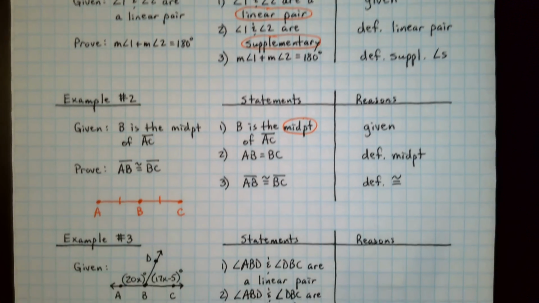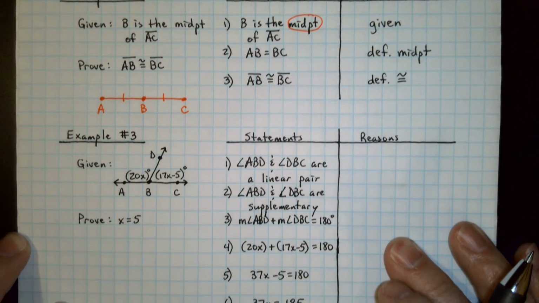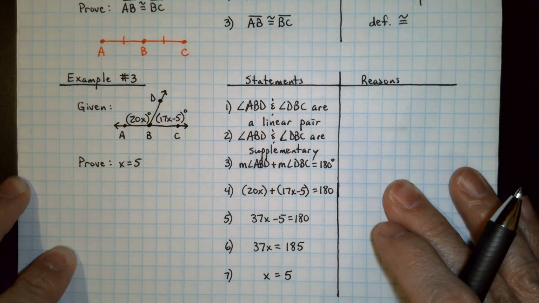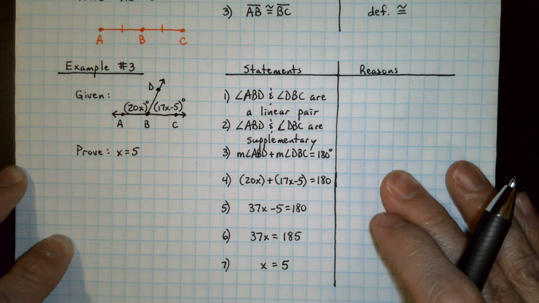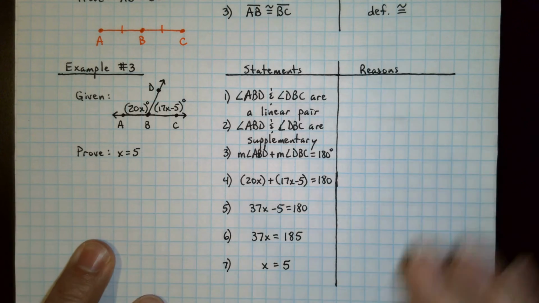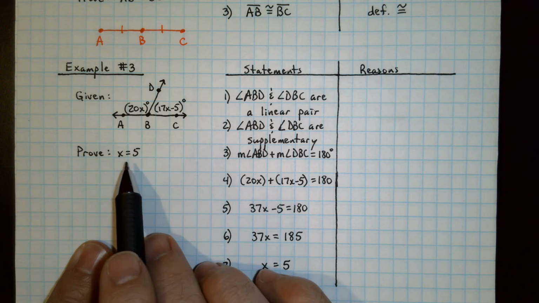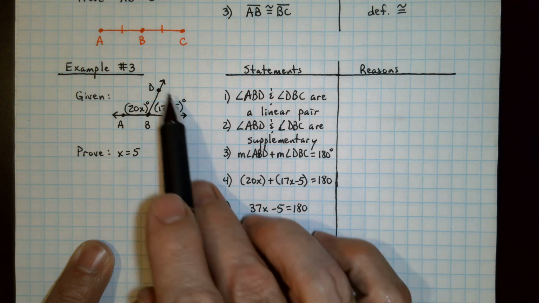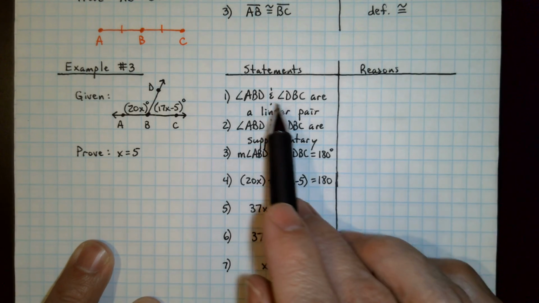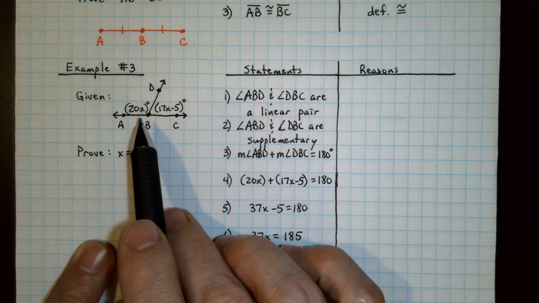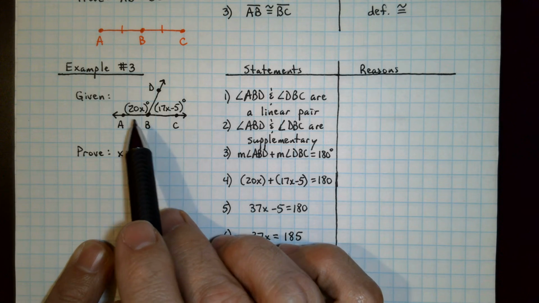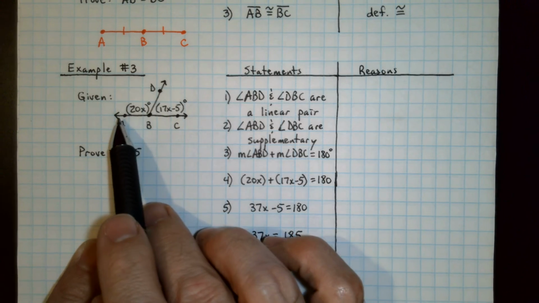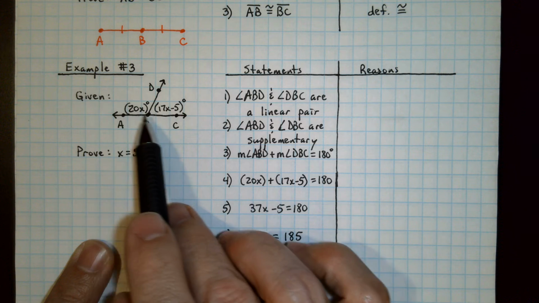Well, let's go to example 3, and you'll notice that it's a longer proof, but it's going to refer back to what we did in example number 1. We have a diagram given to us, and we have a proof statement we're trying to get to eventually. This information, though, really doesn't fit as a statement, but directly from this diagram, I notice that these two angles are making this straight angle.